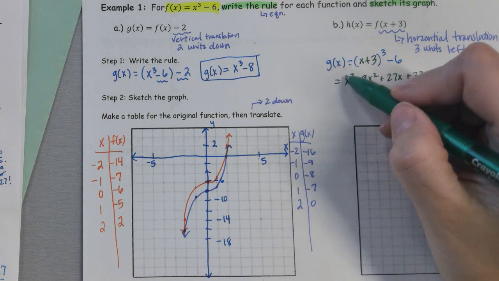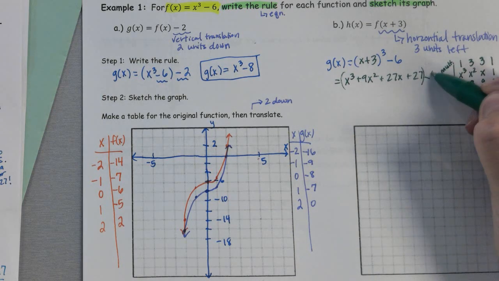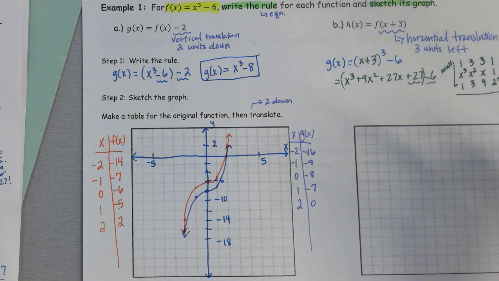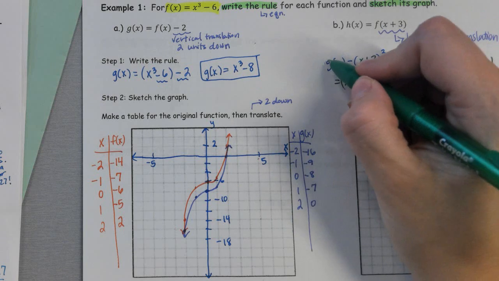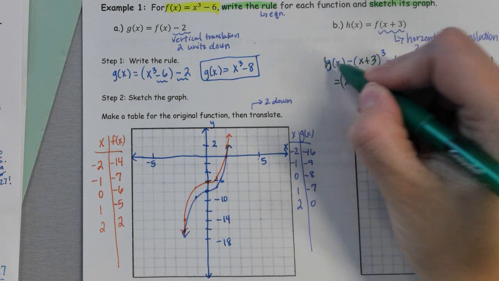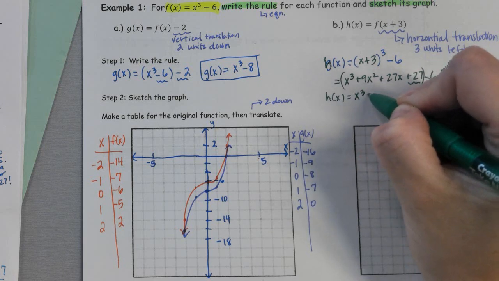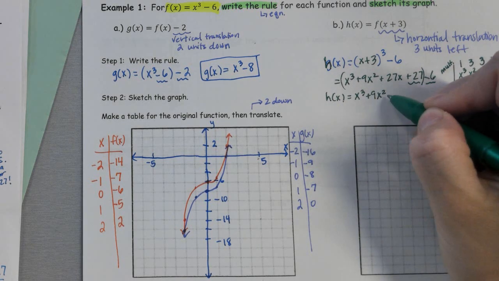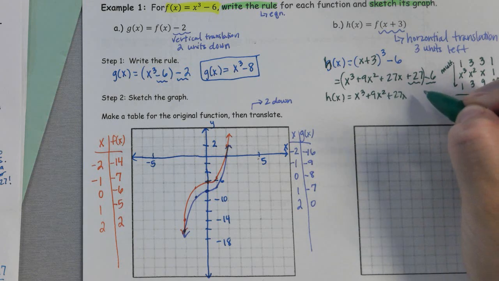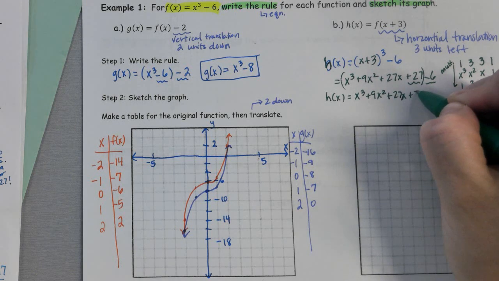Just don't forget that now you have the minus 6. So you are going to just combine your terms. Oops, sorry, this guy was h of x. h of x equals x cubed plus 9x squared plus 27x plus 21.